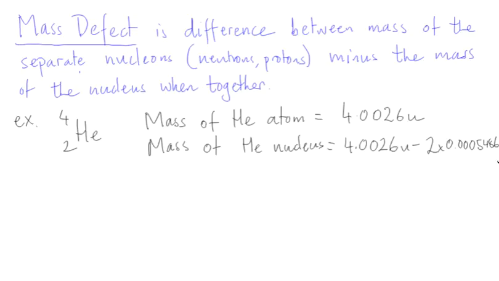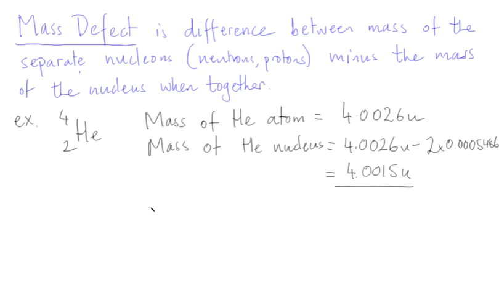Because energy is equivalent to mass times the speed of light squared, any tiny change in mass is going to give us a massive amount of energy and very big inaccuracies when we're calculating. So that's why you should always keep them there. That gives me, finally, if you just do the maths, 4.0015 u for the mass of the helium nucleus.